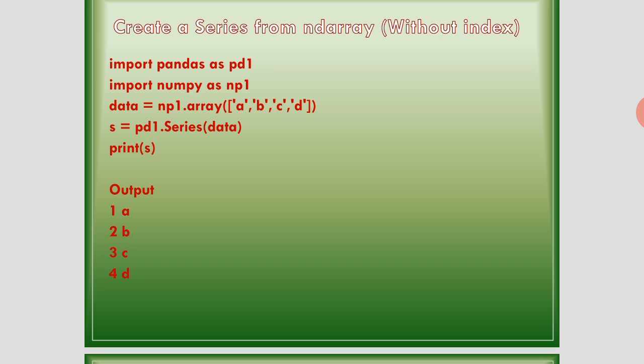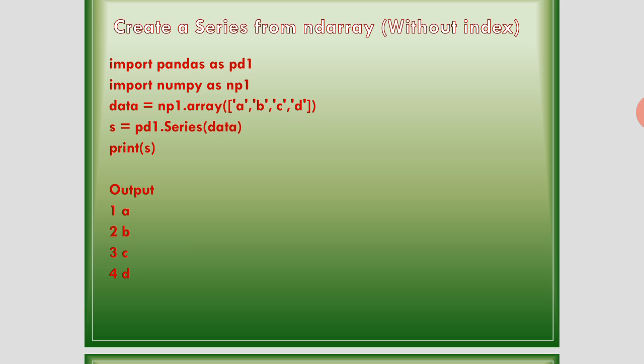Then we have taken a variable data which is holding np1.array, and the array elements are a, b, c and d, and s is a variable which will hold the series from pd1.Series, and data we are giving, and data is from the n-dimensional array, that is a one-dimensional array, in this case a, b, c, d.